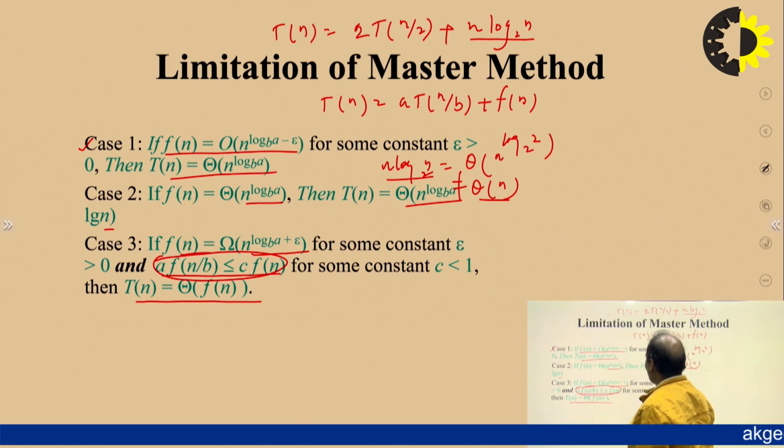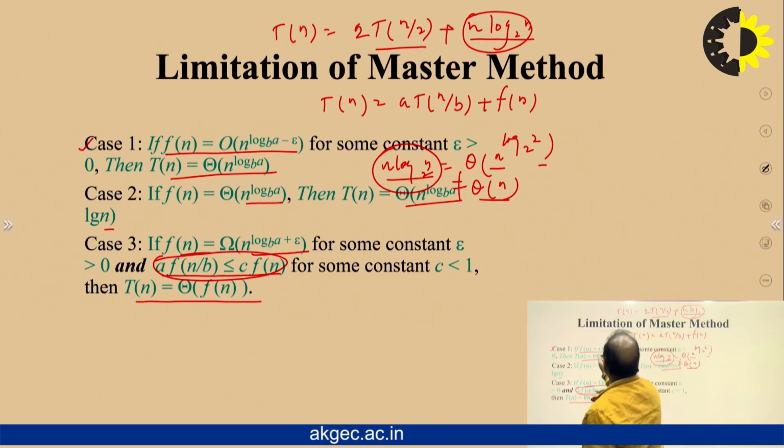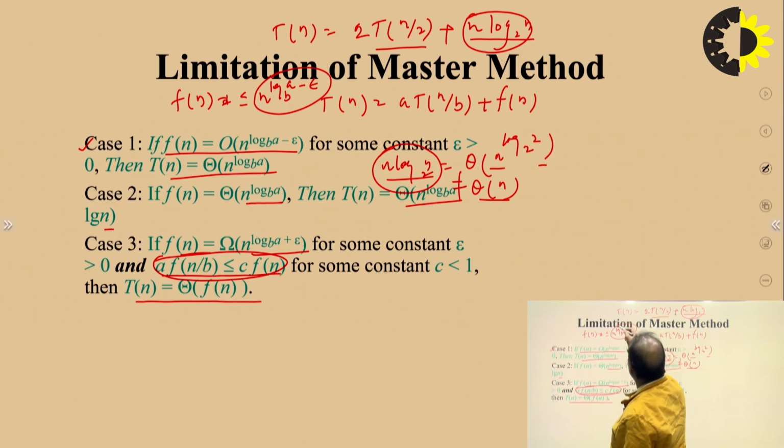The big problem is that, together with this condition, we need to check whether f(n) is polynomially smaller than n to the power log a base b or not. In the first case, f(n) is less than or equal to n to the power log a base b minus epsilon, so f(n) should be polynomially smaller.